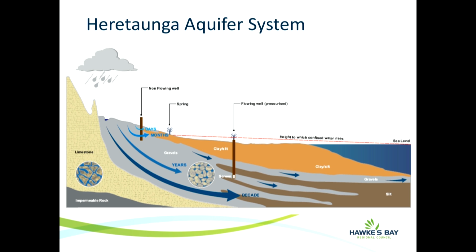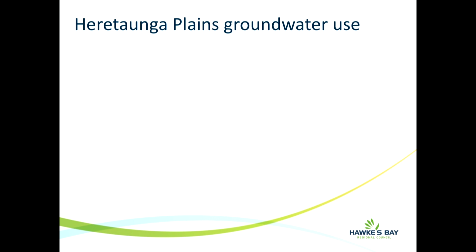So we're protected by these clay and silt layers, but as I said, they're not always continuous. Also, water in these parts of the aquifer can take days or months to travel through the aquifer system, but down here it can take decades, and Uwe is going to talk more about that in his presentation following.